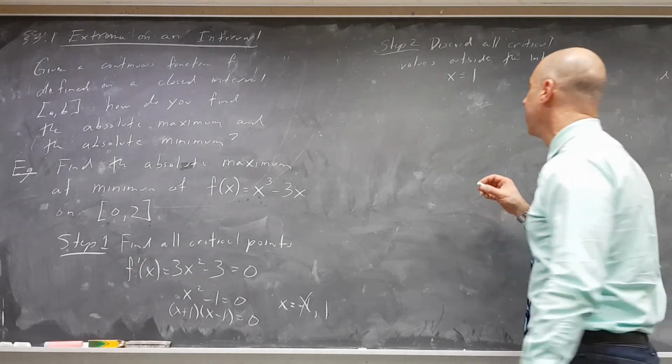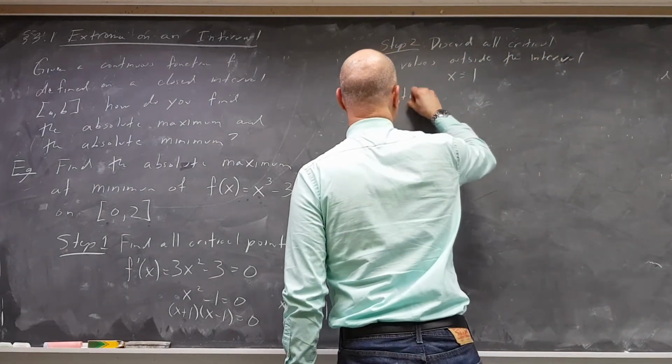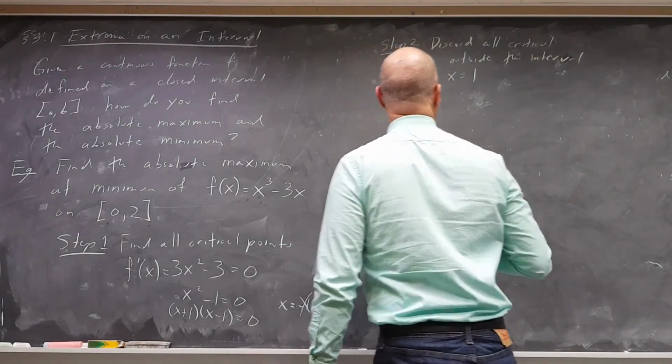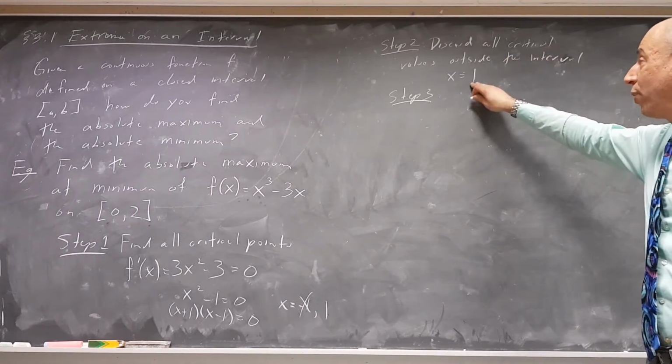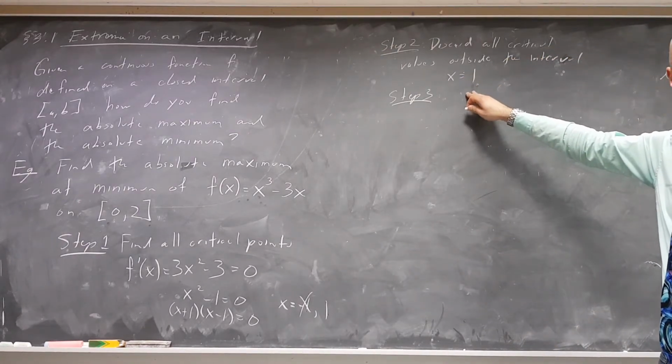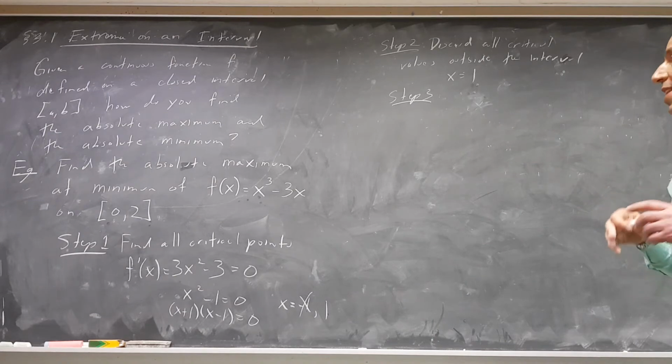Step 3. Plug in the remaining critical points, this time we only have 1, plus both endpoints into the original function.